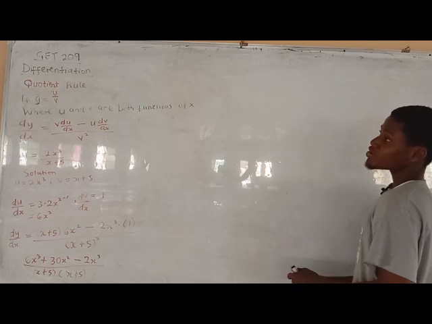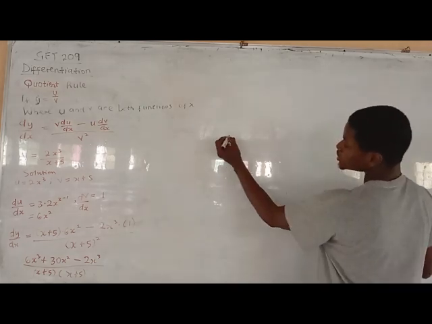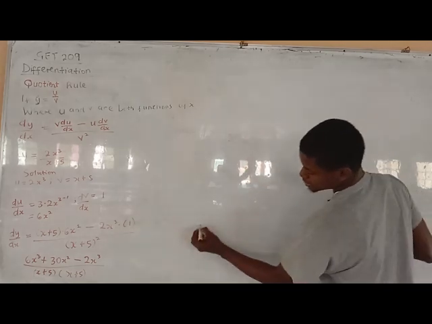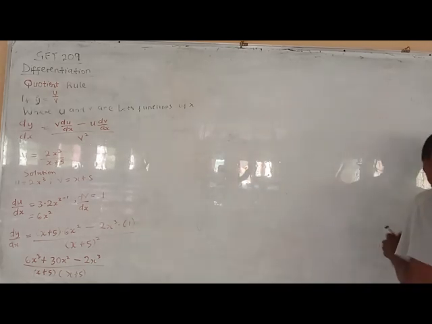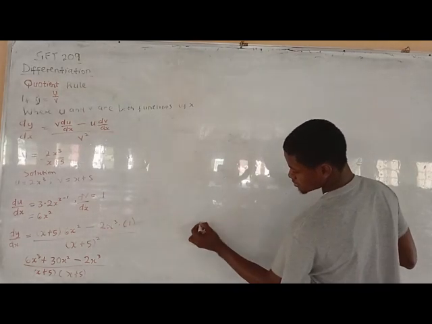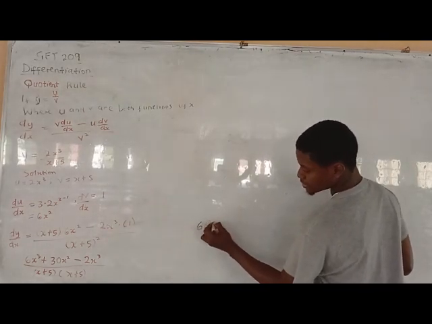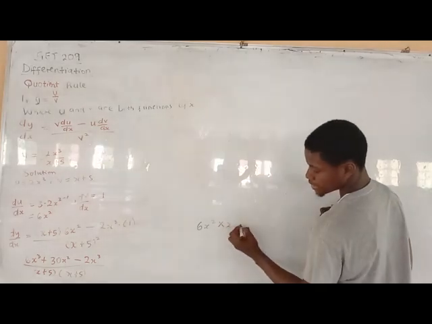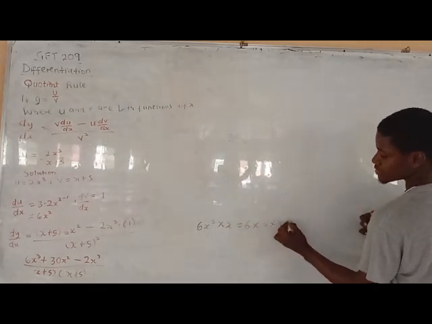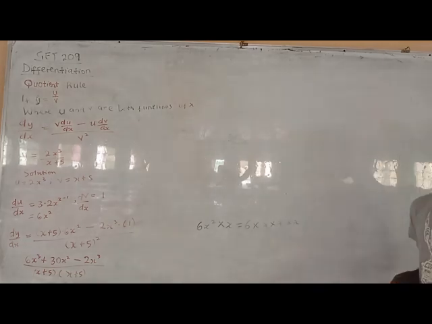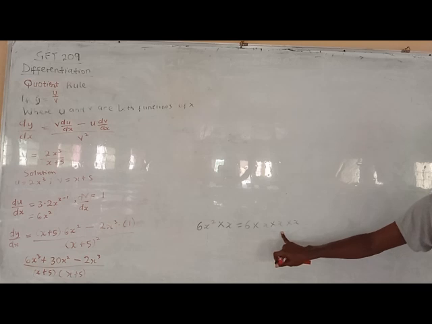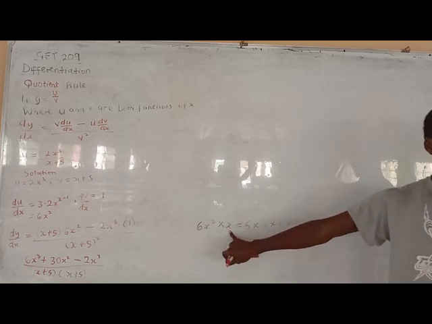Because 6x squared times x equals 6 times x times x times x. 6x squared is the same thing as x times x, but times this other x again.